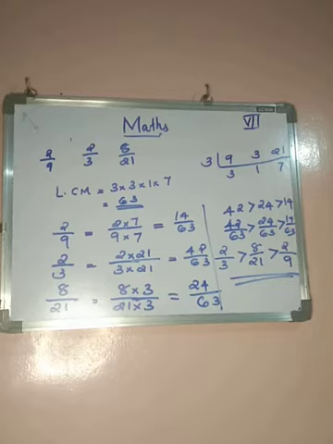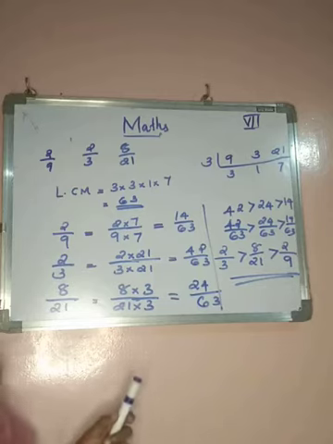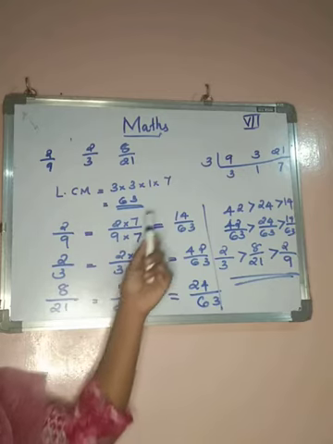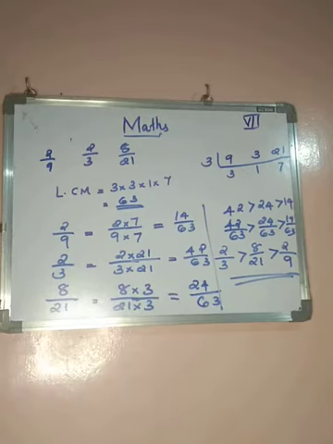Then 2 by 9: the denominator converts to 63, so the numerator and denominator are multiplied by 7, and we get 14 by 63. For 2 by 3, the denominator becomes 63, so multiplying both by 21, we get 42 by 63.